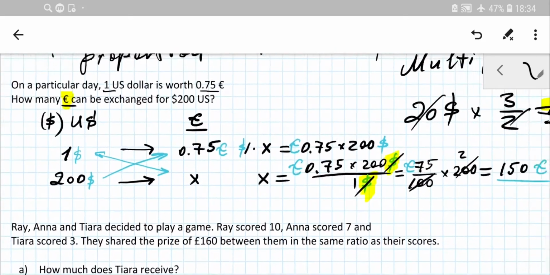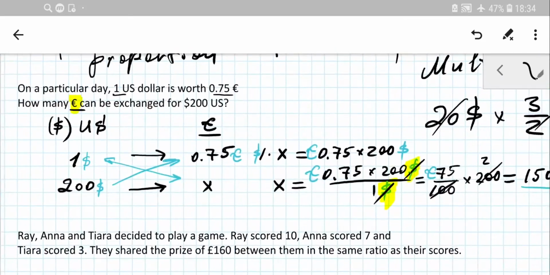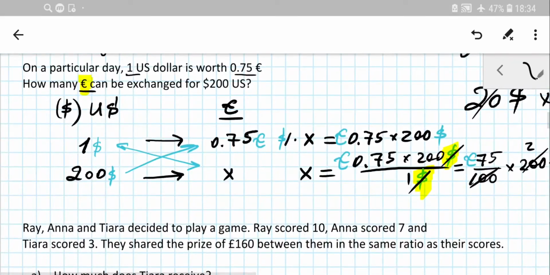Okay, so I actually decided to give you another option for how you can do it in a very fast track. Proportion works like this, and it's less risky, because you can set up US dollars by dollars, and euros by euros.